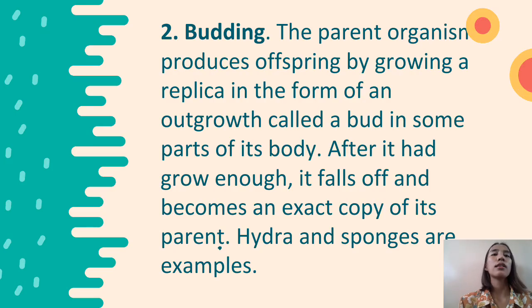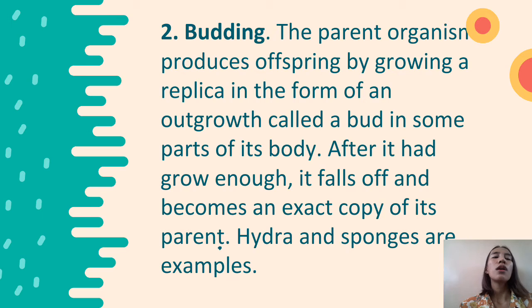Another one is budding. The parent organism produces offspring by growing a replica in the form of an outgrowth called a bud in some part of its body. After it has grown enough, it falls off and becomes an exact copy of its parent.